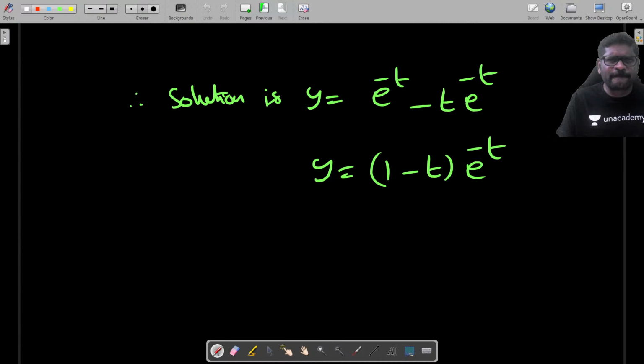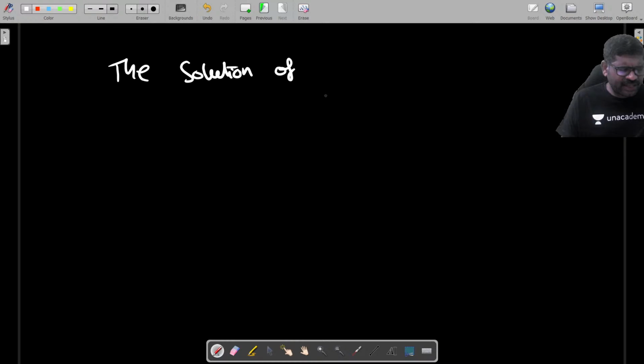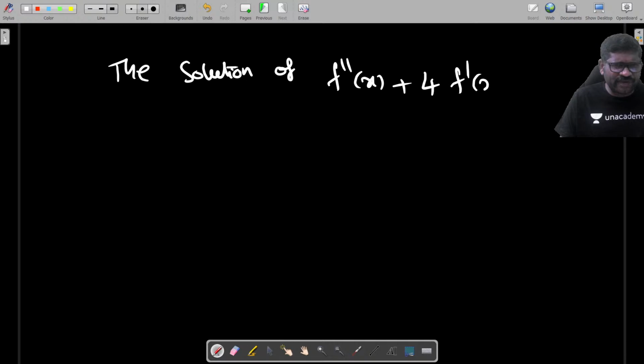Next problem. The solution of f double dash x plus 4 into f dash x plus 4 into f of x equal to 0.